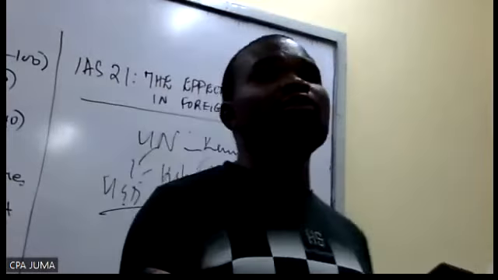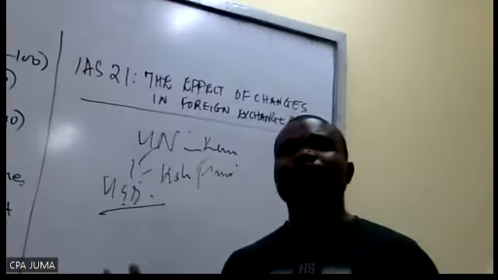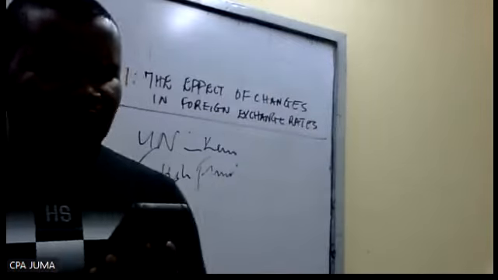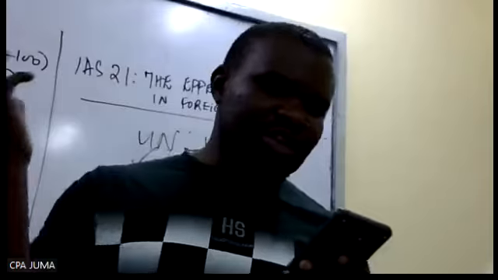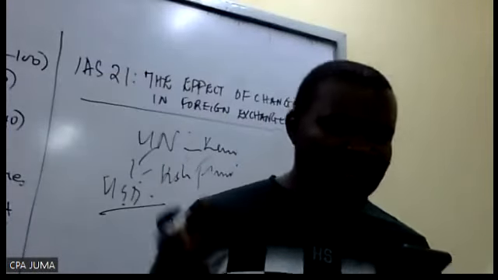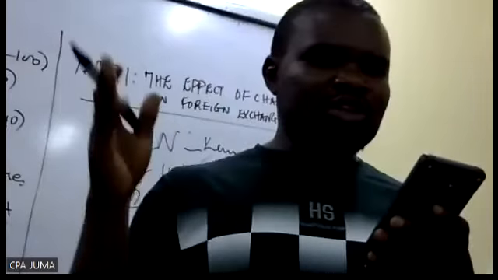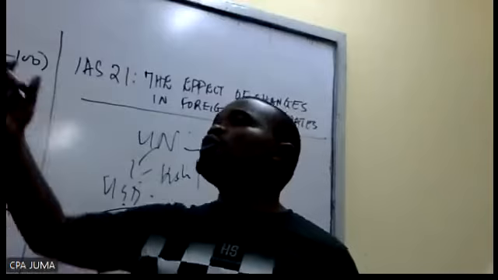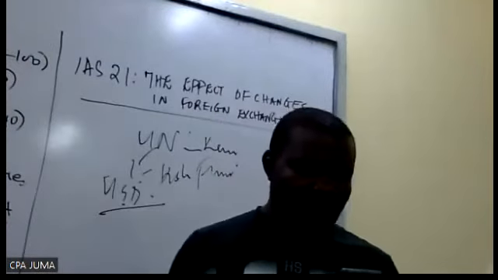Loss. So foreign exchange difference is the difference arising from translating different what? Currencies. Foreign operation is a subsidiary, associate, joint venture, or a branch whose activities are based in a country other than that of the reporting entity. So foreign operation is that entity which is in the foreign land.